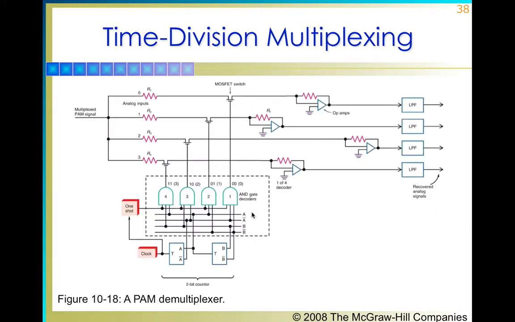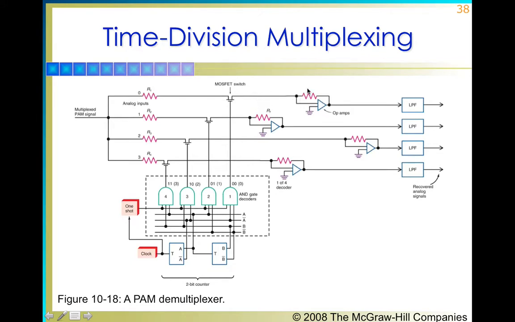Then we have the TDM demultiplexer. You can see over here the composite signal comes over here, over here, over here, over here, but these transmitters will be on based on the programming as explained previously, and based on this programming only one transistor will be on at a time and the other three will be off, and the input appearing over here will be appearing at the output when this transmitter is on.